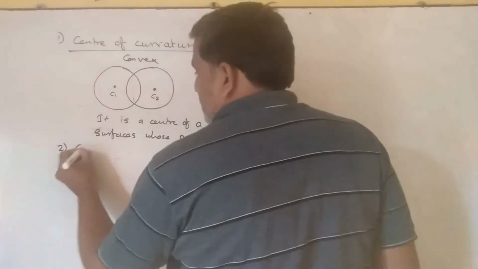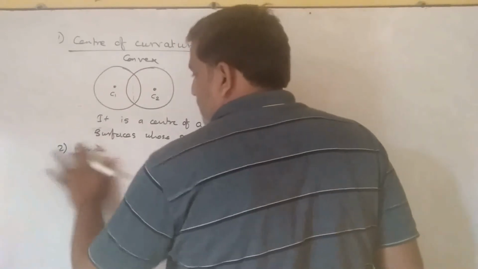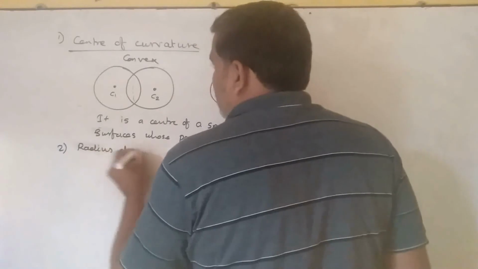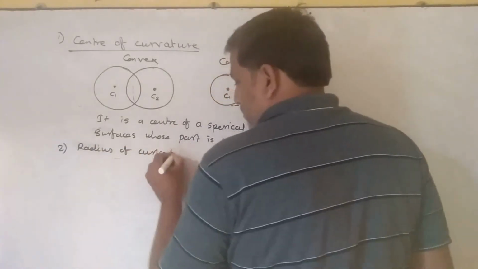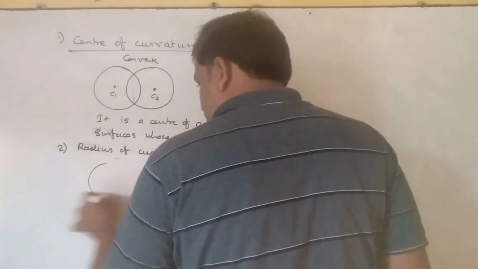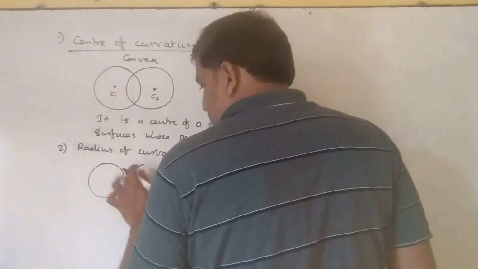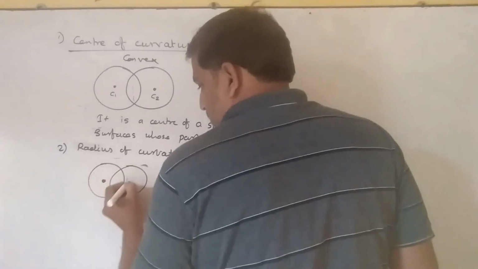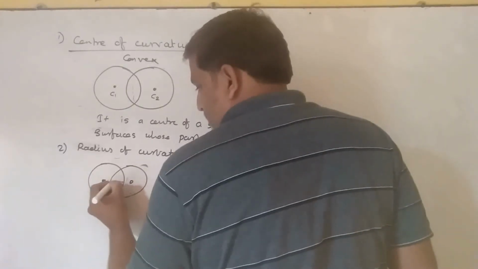Second, radius of curvature. What is radius of curvature? It is a radius. Radius means from this.